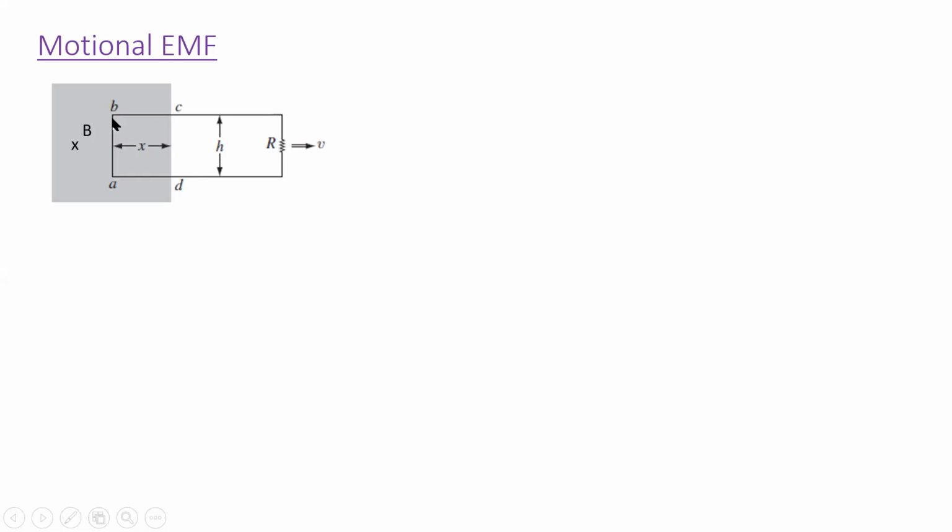Okay, it's an induced magnetic force which drives them upward, and that is a form of EMF because it's exerting a force on charge between two terminals A and B, really. And that's motional EMF because it's coming from the fact that the circuit is moving through a region of magnetic field.